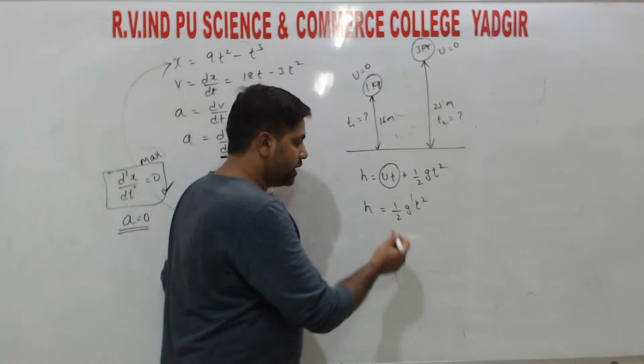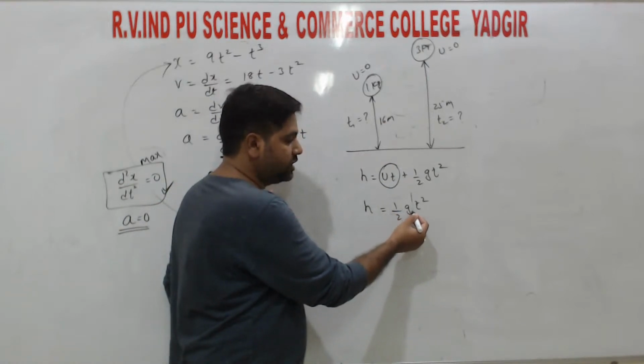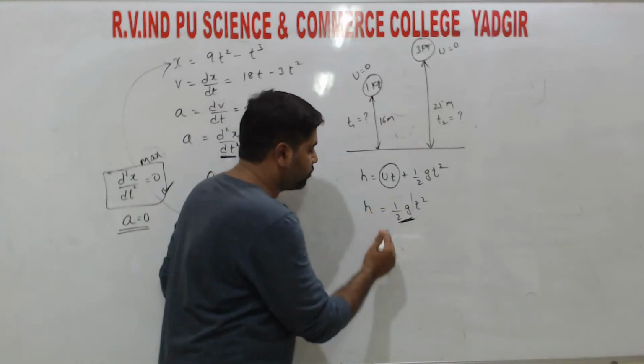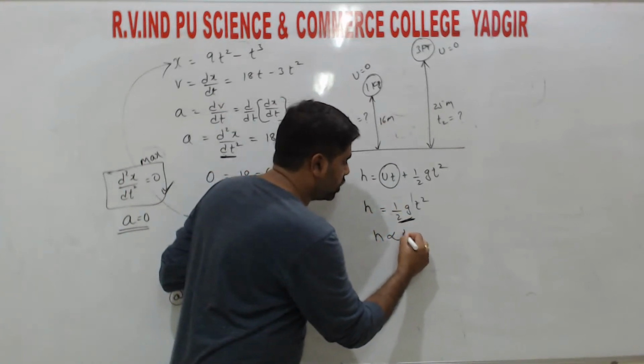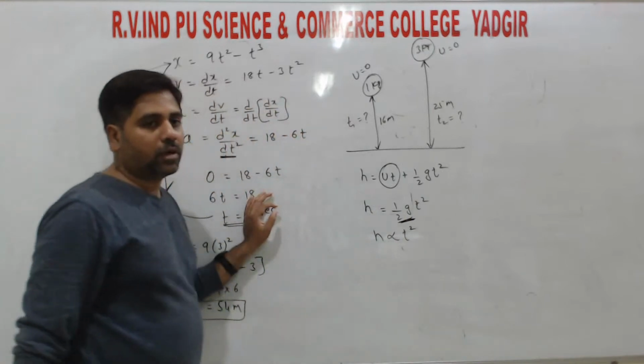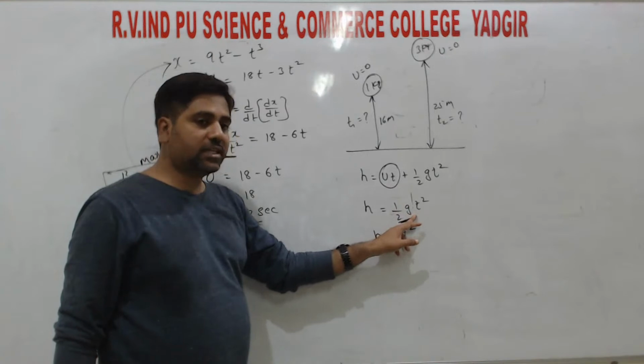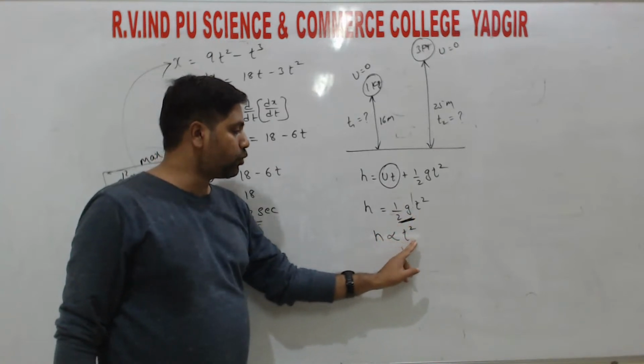Now 1 by 2 is constant, g is constant, so this whole term is constant, so we can write h is proportional to t square. So we can change from equals to proportional.